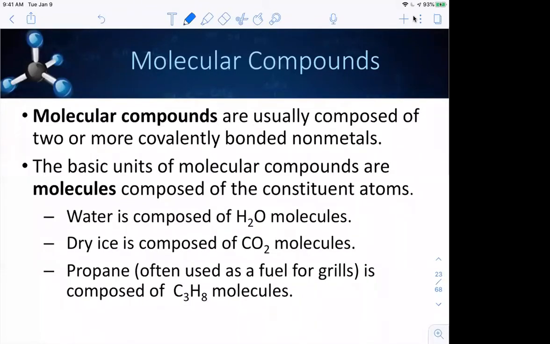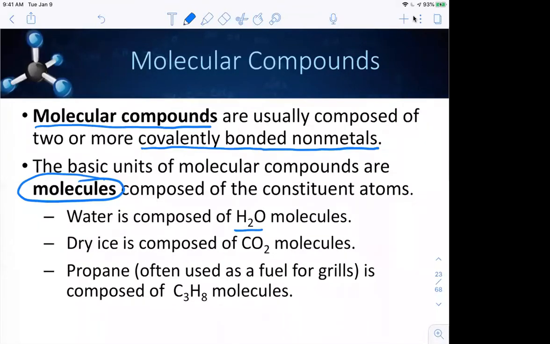Molecular compounds are usually composed of two or more covalently bonded nonmetals. The basic unit of the molecular compounds are molecules, and those molecules are composed of the constituent atoms. So water is composed of H2O molecules.